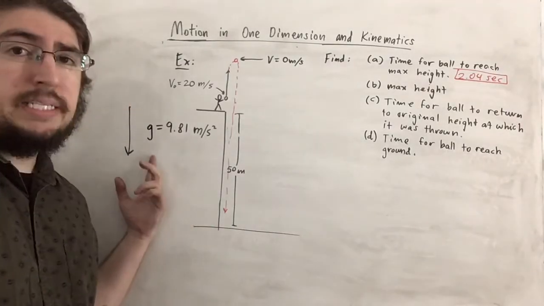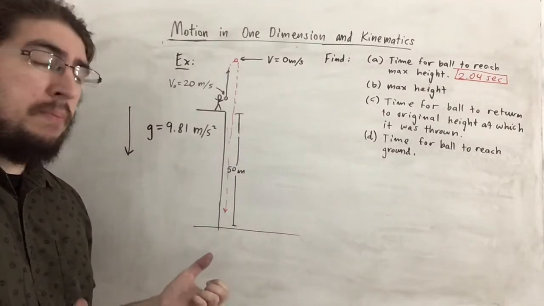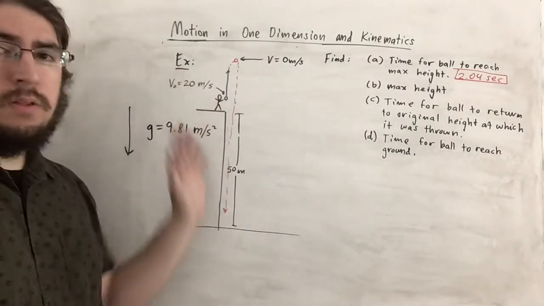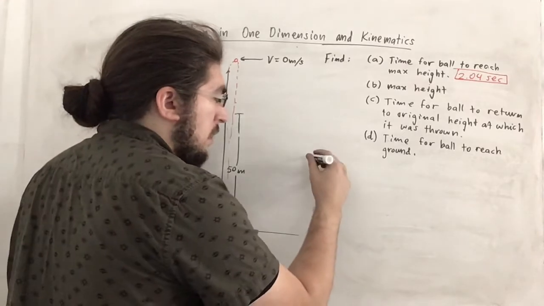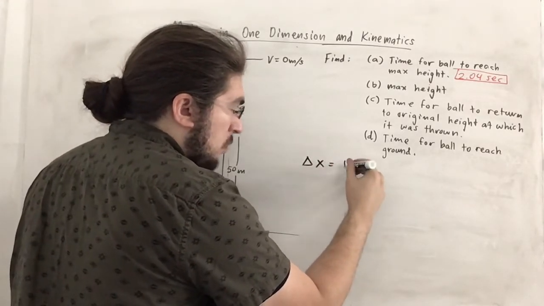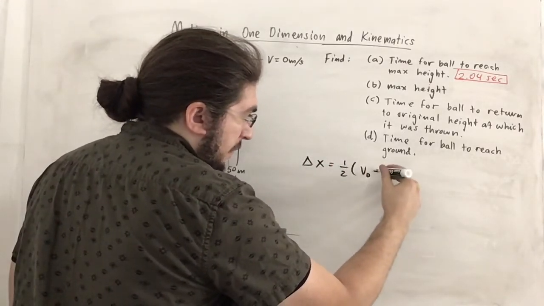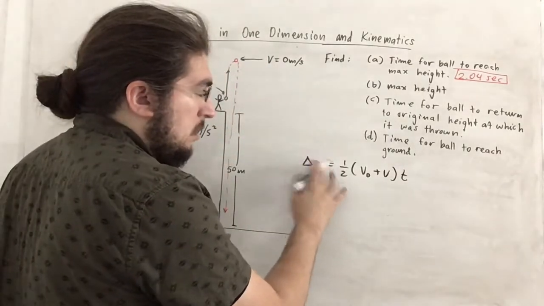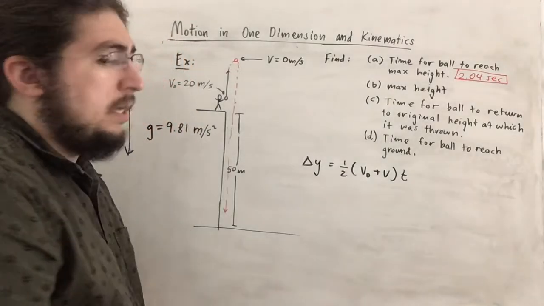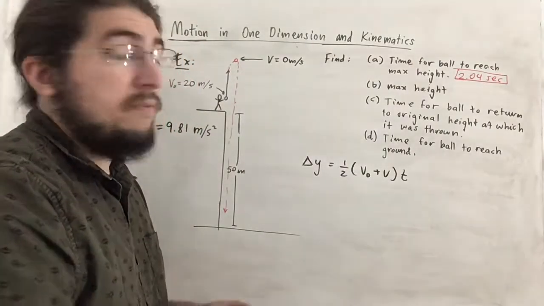Kind of like how we replaced a with negative g, we're going to be replacing x with y so that it reminds us more of vertical as opposed to horizontal. So the one I'm going to use is delta x is equal to 1/2 (v naught plus v) times t. But of course I'm going to modify this a bit so that it's delta y instead of delta x. Now, it's really nice here. We know that v is 20.